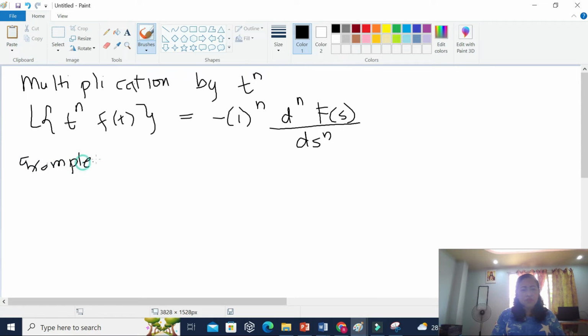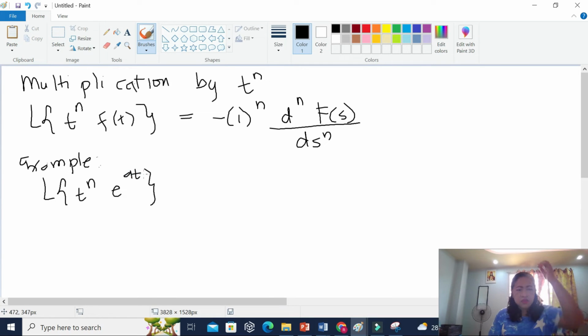Okay. So, for an example, say we get the Laplace of t to the cube, e to the 2t. So this now has a power of t to the n, and then e to the 2t.